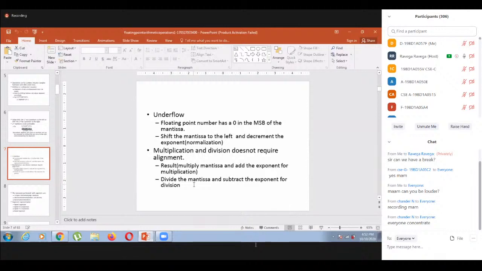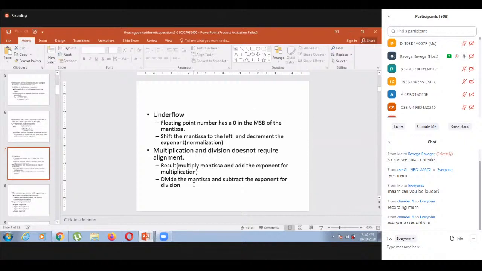The multiplication is performed by multiplying the two mantissas and adding the exponent values. That is called multiplication.